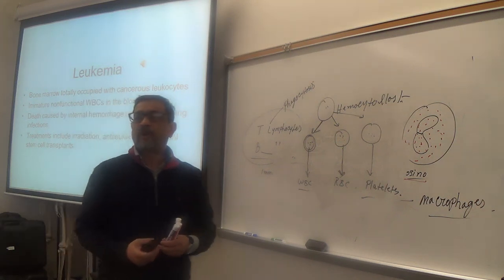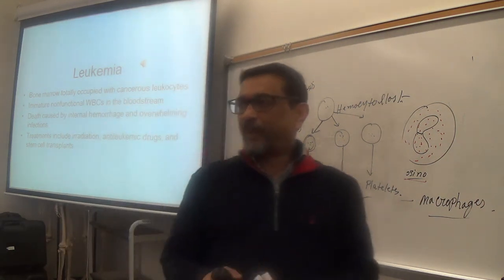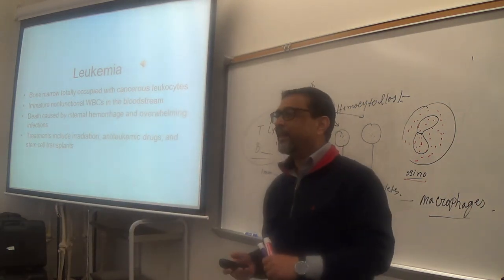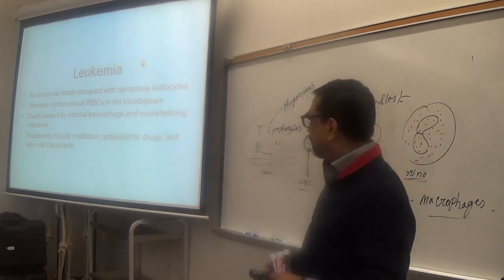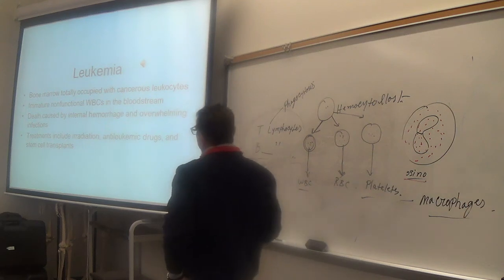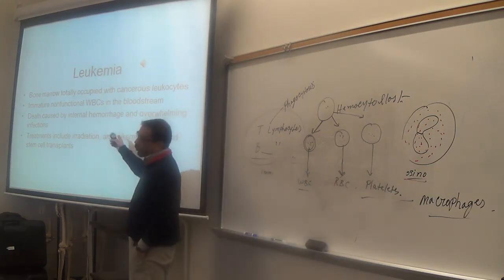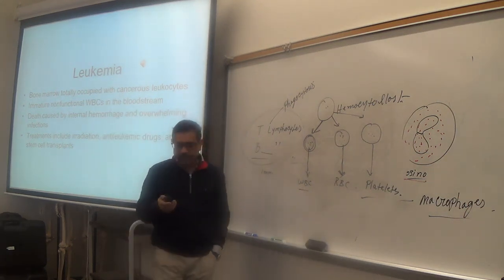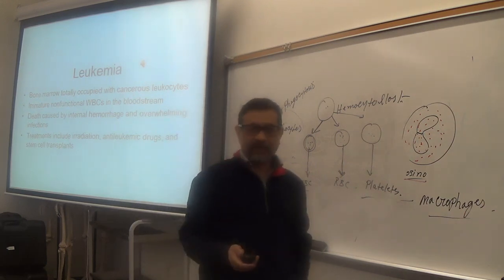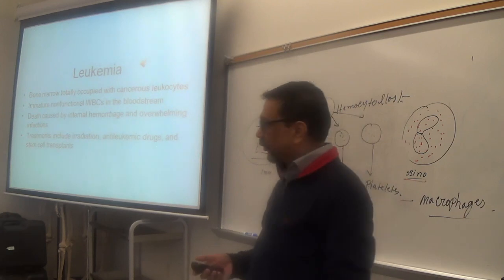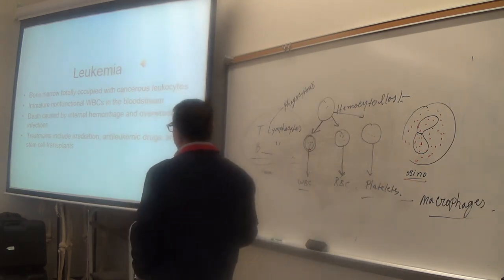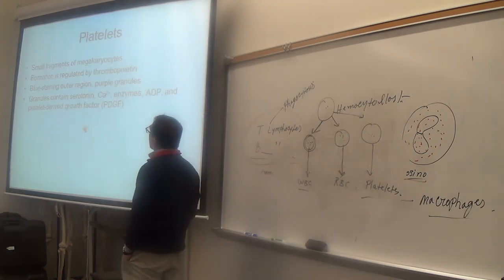And that will cause widespread hemorrhage or bleeding in the tissue. So you will see internal hemorrhage due to the rupture of the capillaries or thin blood vessels. Make sense? So those two things we see in leukemia.